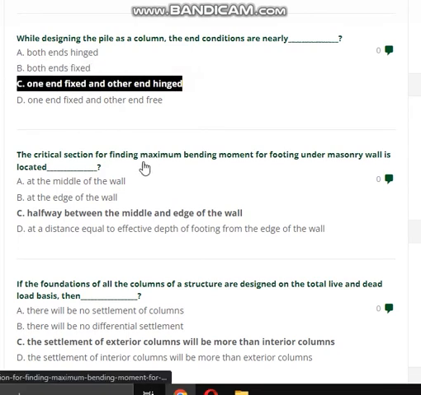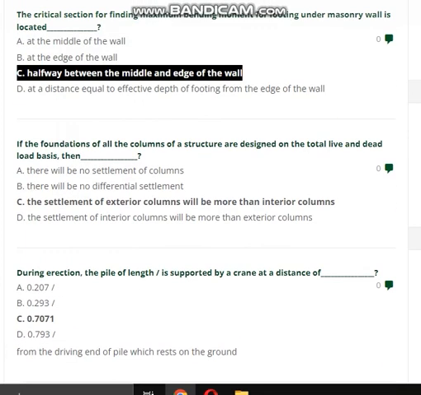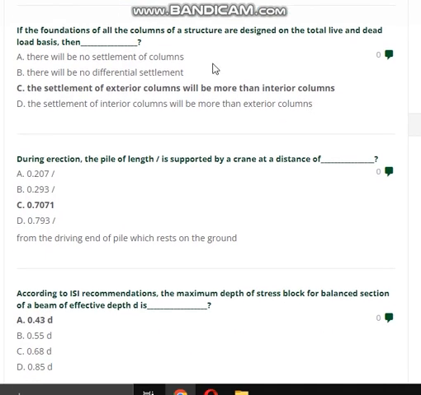The critical section for finding maximum bending moment for footing under masonry wall is located halfway between the middle and edge of the wall. If the foundations of all the columns of a structure are designed on the total load and dead load basis, then the settlement of exterior column will be more than the interior column.